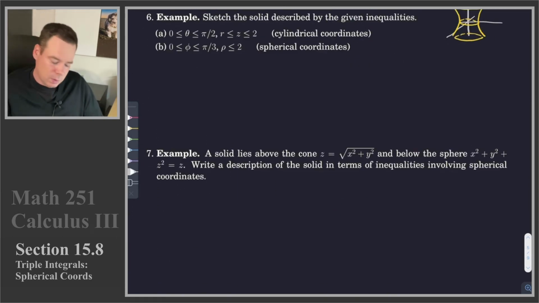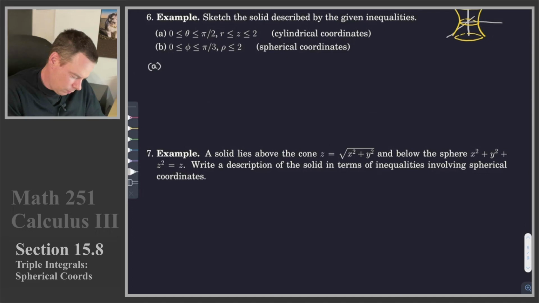Now we'll get some examples where we look at regions defined by inequalities. So this first one, theta is trapped between 0 and 2 pi, and z is trapped between r and 2. So this is in terms of cylindrical coordinates. That means our theta value is going to range over these values here.